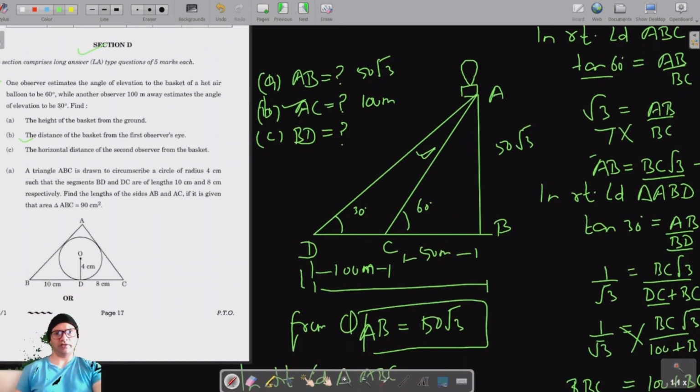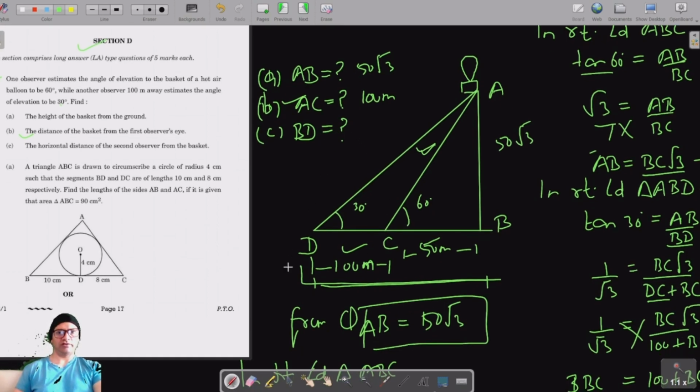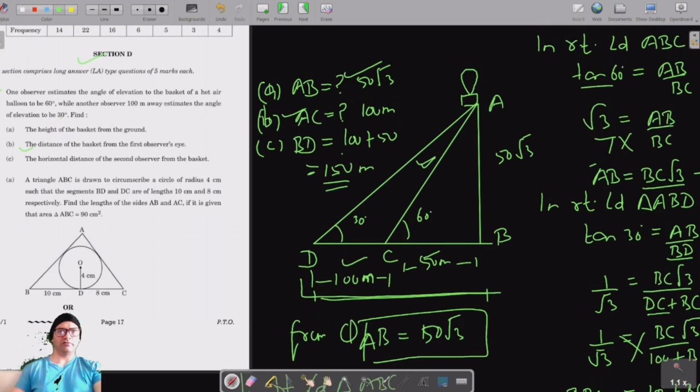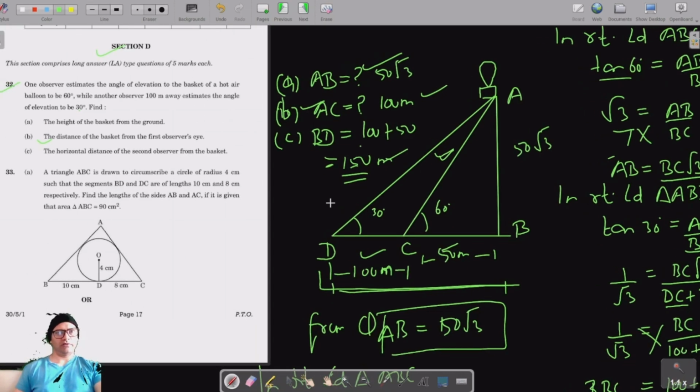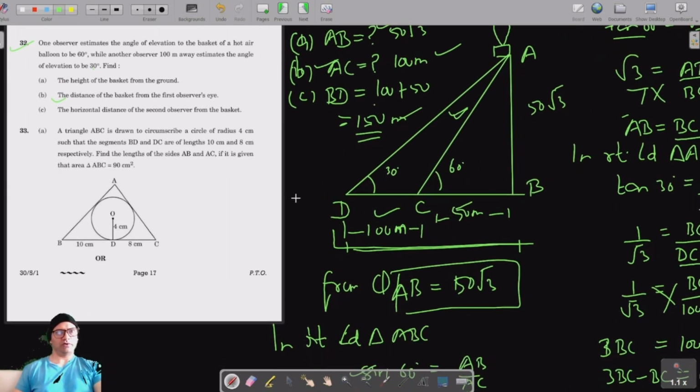So the horizontal distance is 100 plus 50, which is equal to 150 meter. So 50 root 3, 100 and 150 are the respective answers of the questions asked. So this solves our question number 32. Let's move on to the next one.